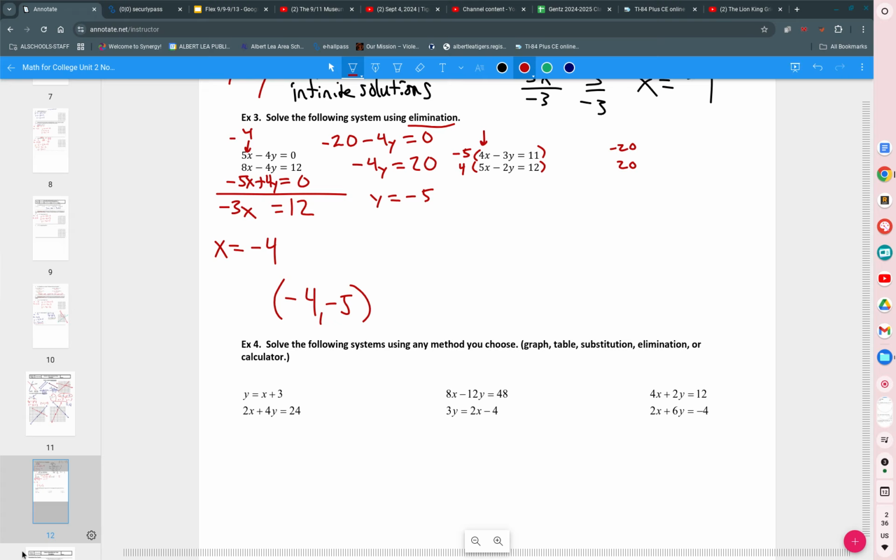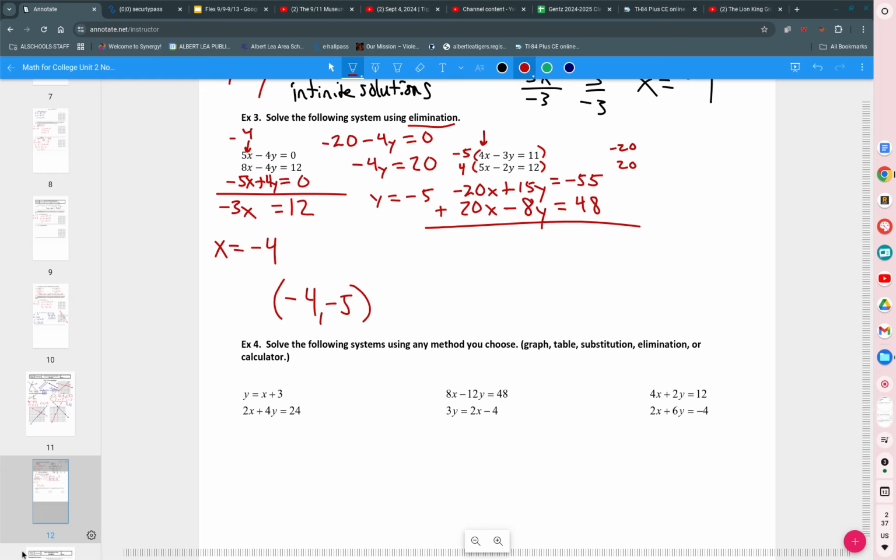And if I do that, I get -20x, I have a +15y equals -55. And on the bottom, I have a +20x minus 8y is equal to 48.